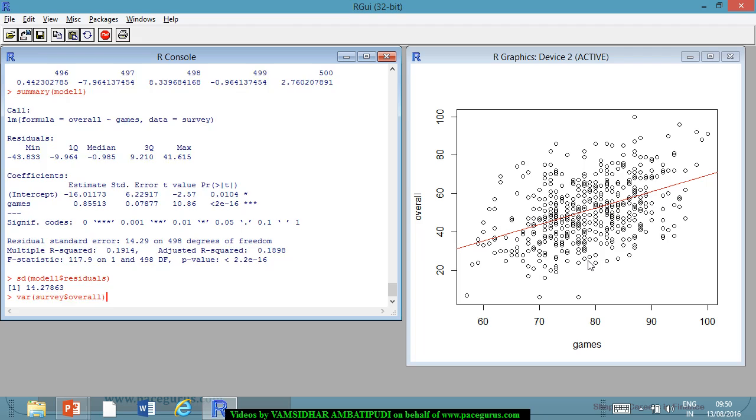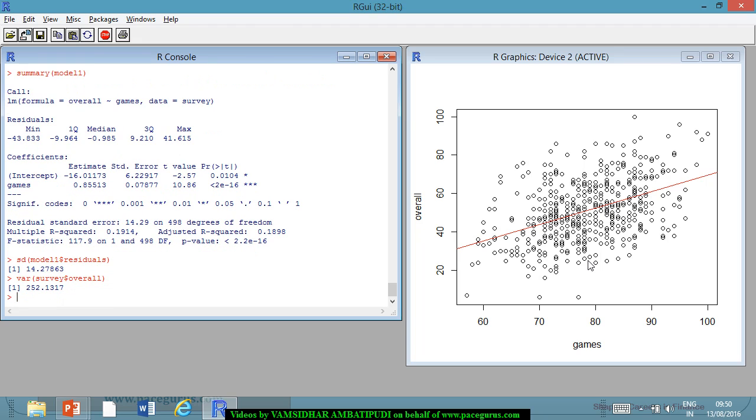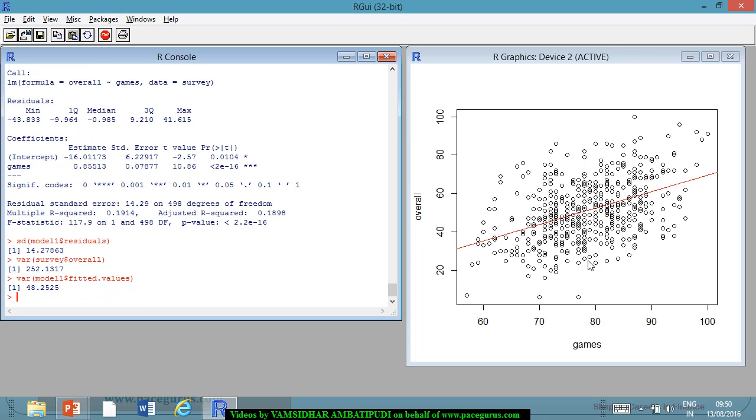I'm taking the variation in the original data, which is 252. I'll take the variation in the model's fitted values, which are the predicted values. If I take the variation of that, it's around 48.